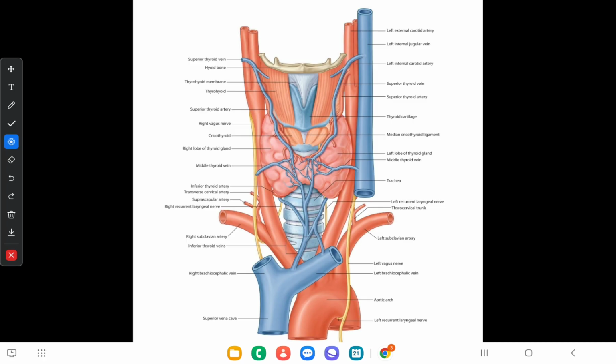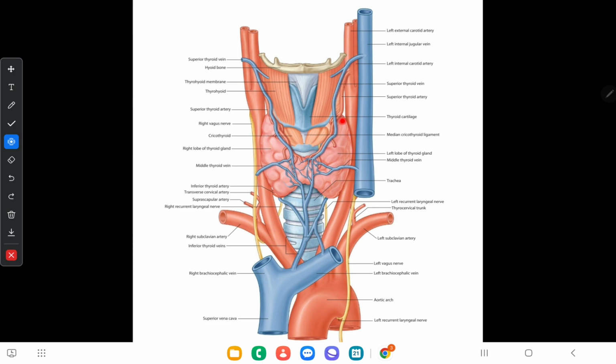The anterior border separates the superficial and the medial surface, and the posterior border separates the medial surface and the posterolateral surface. So, this is the superior thyroid artery. You can see it is coming from the external carotid artery. So it is the first branch of the external carotid artery. This superior thyroid artery is related to the anterior border.